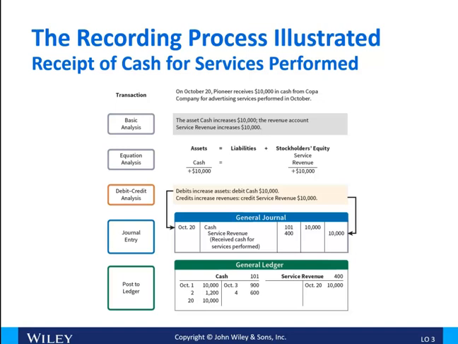We're in the business of providing advertising services, so when we do that, we can recognize the revenue. When we generate revenue, we increase revenue and increase stockholders' equity. Increase to cash is a debit. Increase to service revenue is a credit. So we have a debit to cash, a credit to service revenue in our journal, and then we can post that to the ledger.